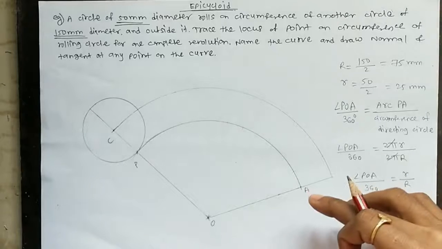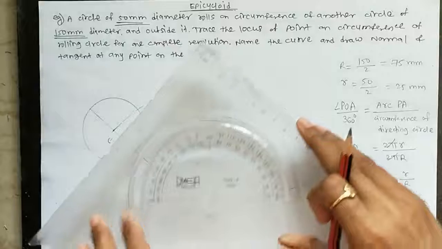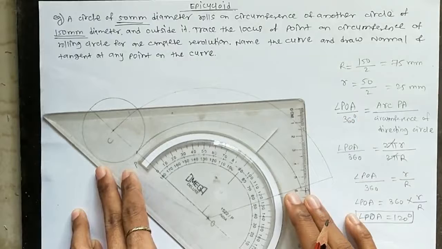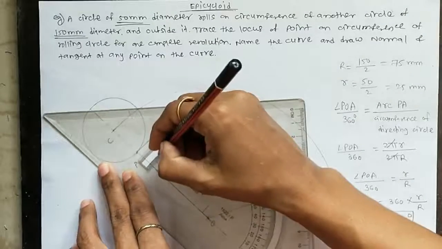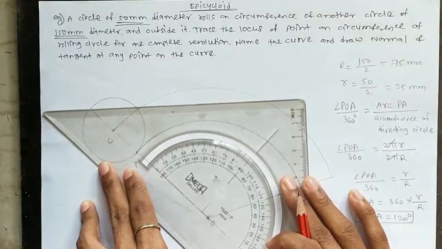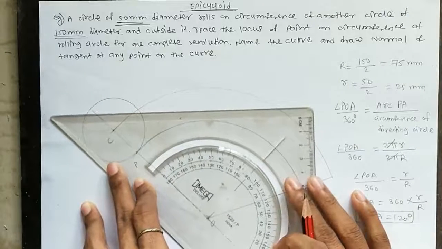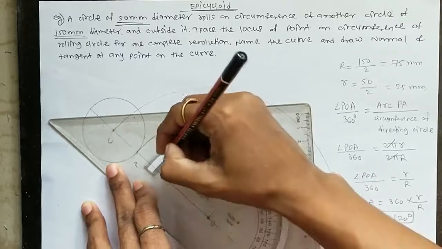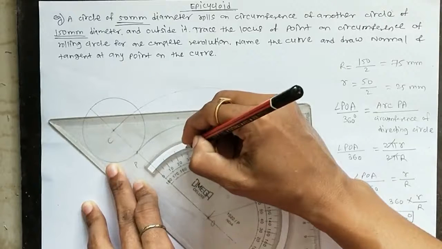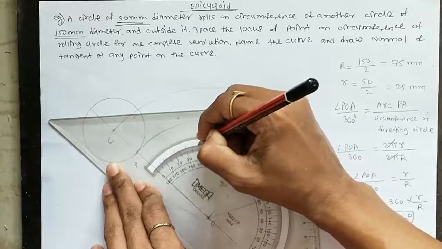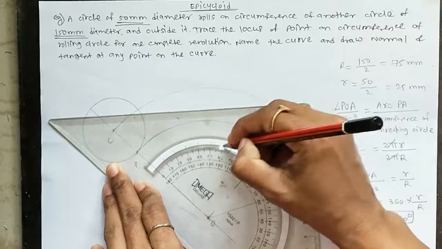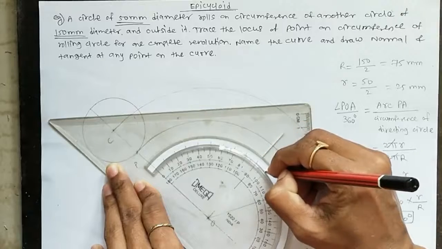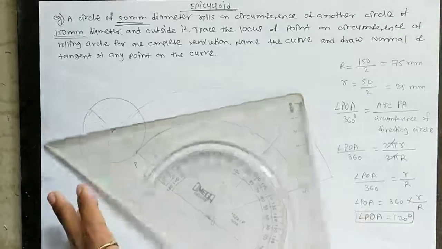So each part will be at 10 degree. So measure 10 degree angle from point O and divide it into 12 equal parts. So 10, 20, 30, 40, 50, 60, 70, 80, 90, 100, 110 and 120.